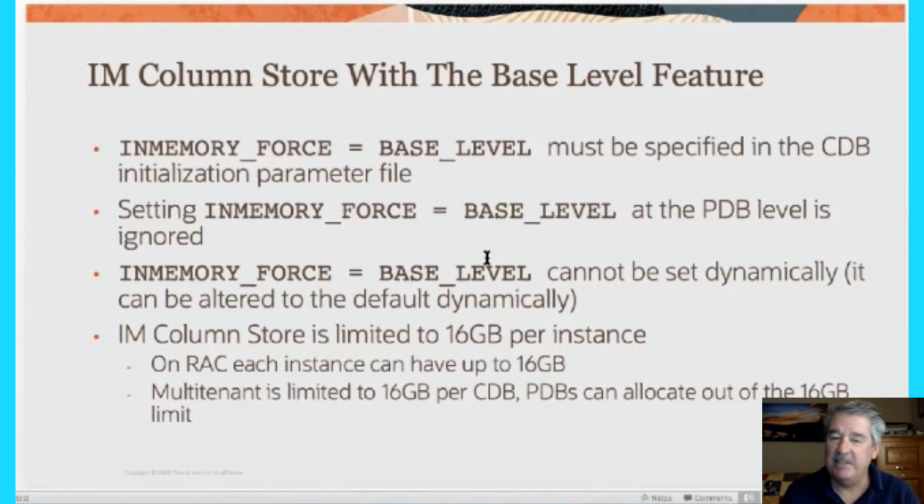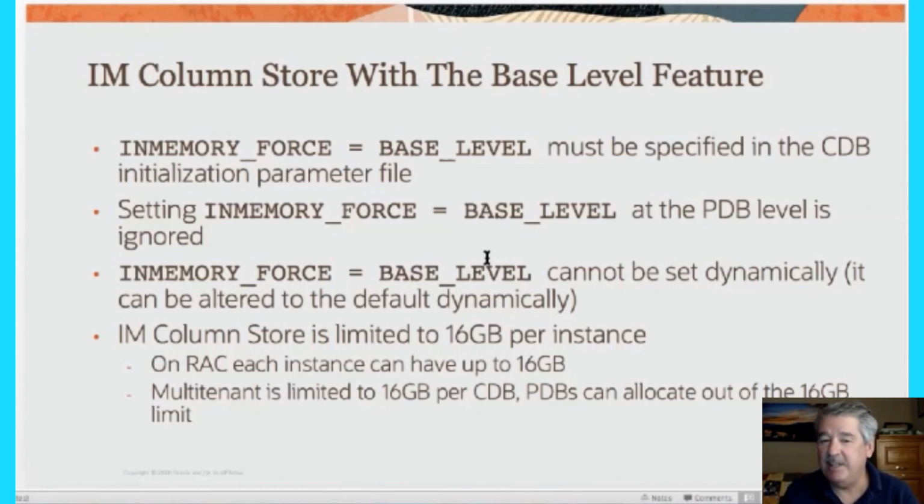In the CDB environment, each PDB can only draw from the total for the CDB of 16 gigabytes. However, on RAC, each instance in a RAC node, so each instance of the CDB, can have 16 gigabytes of column store enabled as well. So technically, you can have more than 16 gigabytes of column store available in a RAC cluster.